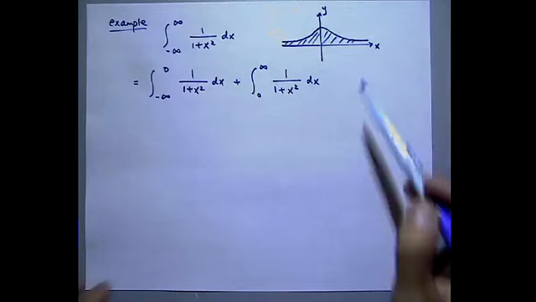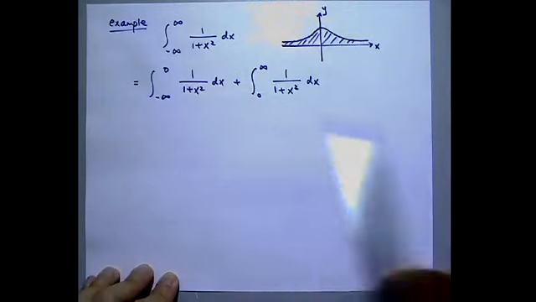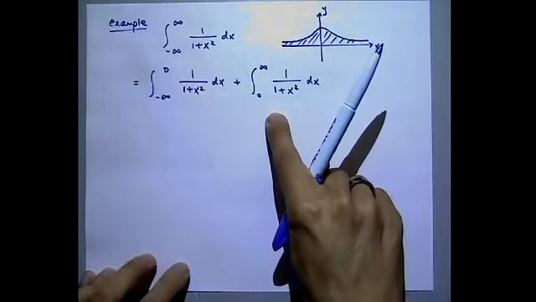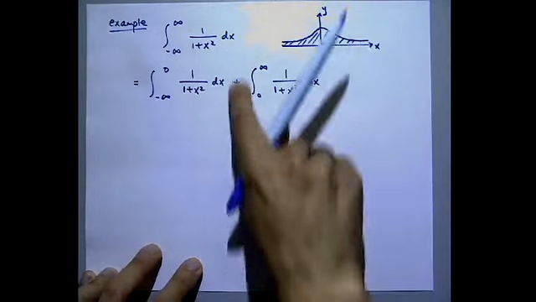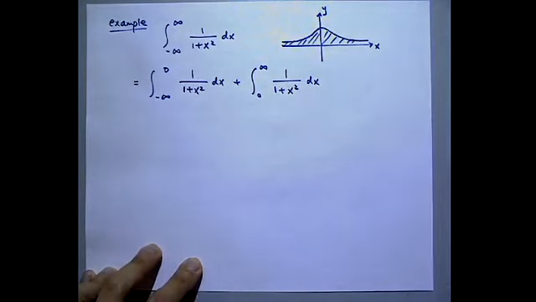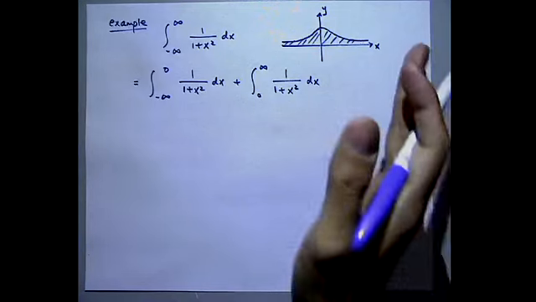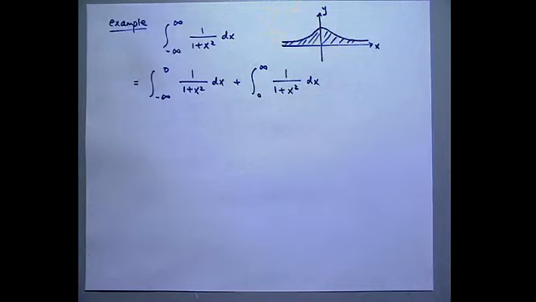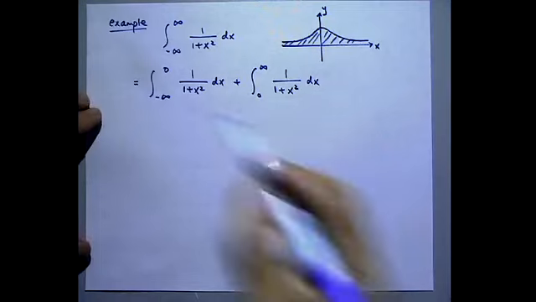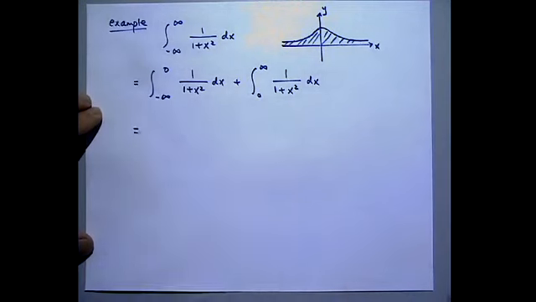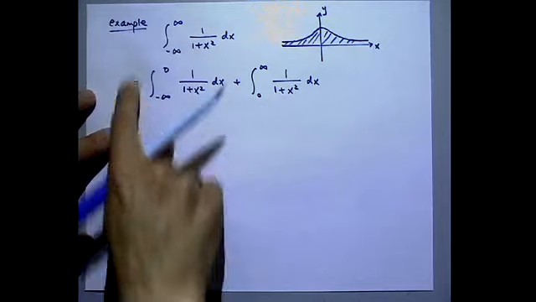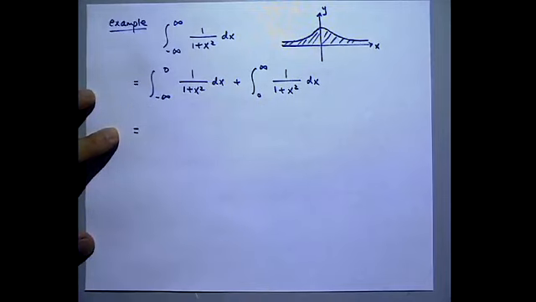Now, if you look at this again, we could also take advantage of symmetry and just calculate one of these and multiply by 2. That's one option that we can have. But we can leave it like this too. This is perfectly okay. Okay, now we deal with this first integral the way we dealt with the second example we did.